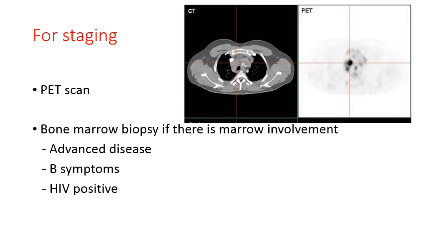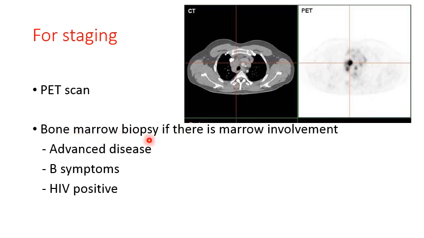Now, PET scan is very useful. If you look at this picture, the chest does not show any abnormality in CT, but PET scan shows several foci of lymph node enlargement. So if it is available, it is a very useful investigation for staging of Hodgkin's lymphoma.